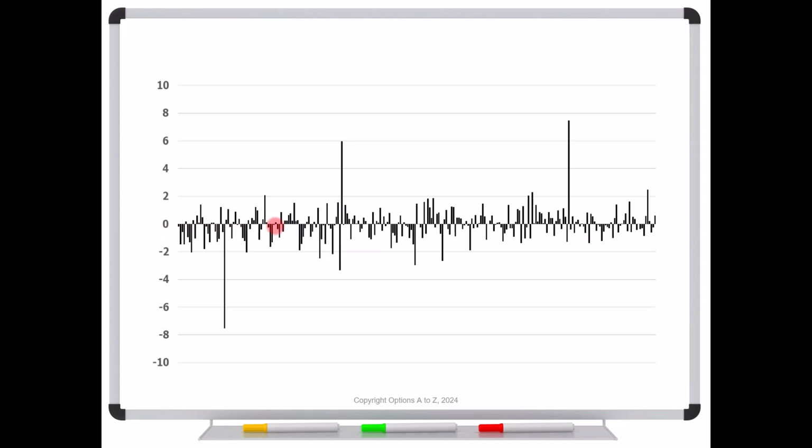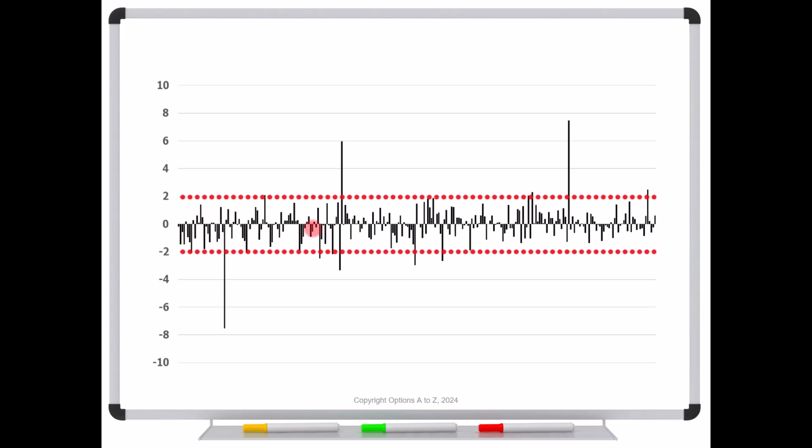That would just be the average daily change for this stock. Here's plus 2 standard deviations. Here's minus 2 standard deviations. So remember that roughly 95% of all of your data will fall within 2 standard deviations. And just with a quick glance, it looks like most of these bars are falling within plus and minus 2 standard deviations. Exactly what you would expect.